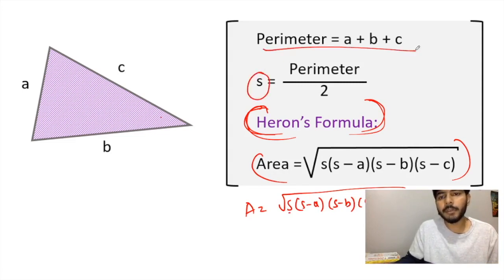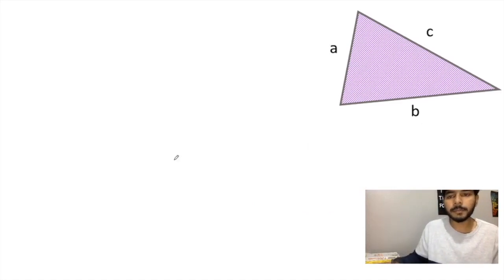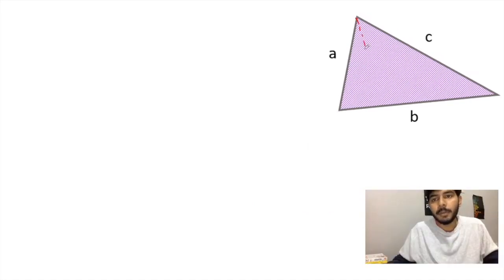Whatever perimeter we find, divided by 2, we write it as S, that means semi-perimeter. And how can we derive this formula also? Suppose I draw a perpendicular line to the base B, naming this triangle ABC and this point O.